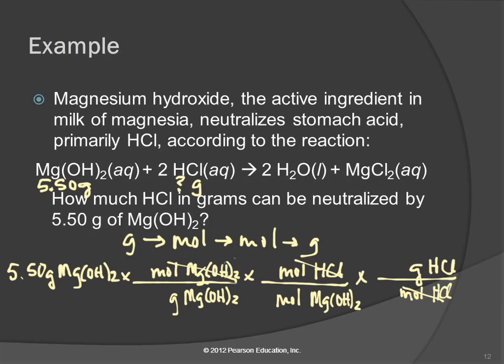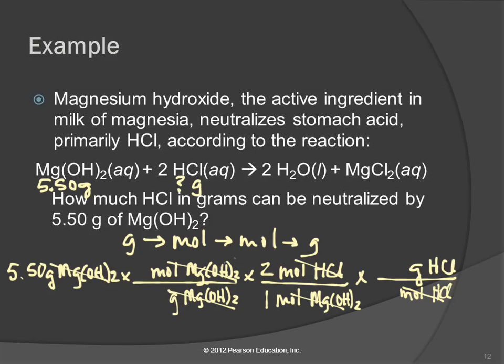They actually have to cancel out. You can't do what I call wishful unit canceling. Well, I wish they would cancel out, so I'm just going to go cross them all off and hope for the best. Now, the middle one. I like the middle one because it's easy. HCl. In front of HCl is the number 2, so I'm going to put the number 2 there. In front of magnesium hydroxide is nothing, but that means there's a number 1 there. So I'm going to write a 1 down here.